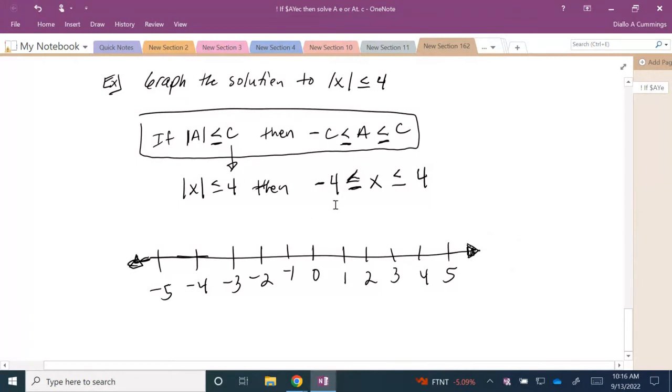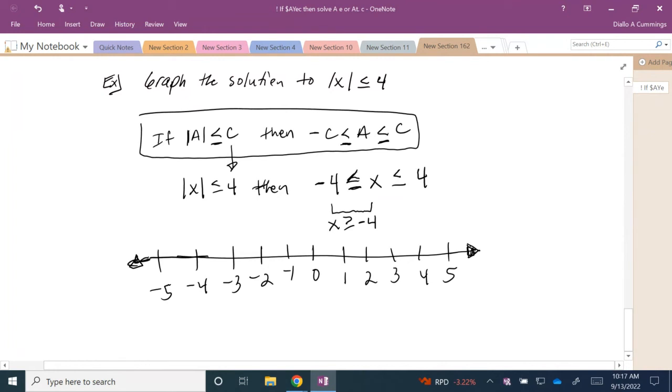And we talked about graphing compound inequalities in the previous section. When we graph these, we're using open circles and closed circles, as opposed to interval notation. So remember that the first part of this, negative 4 is less than or equal to x, can actually be written as x is greater than or equal to negative 4.